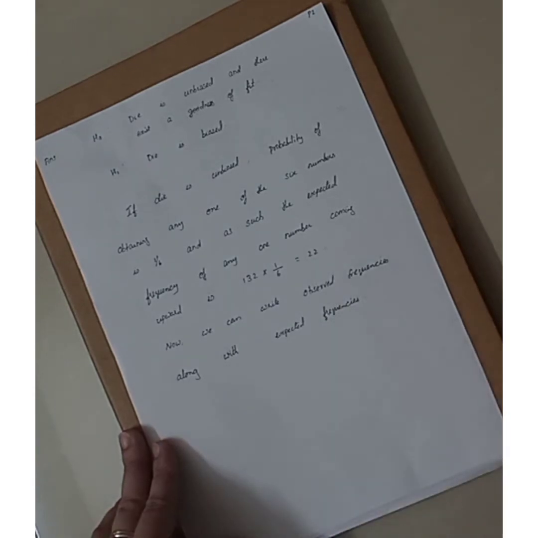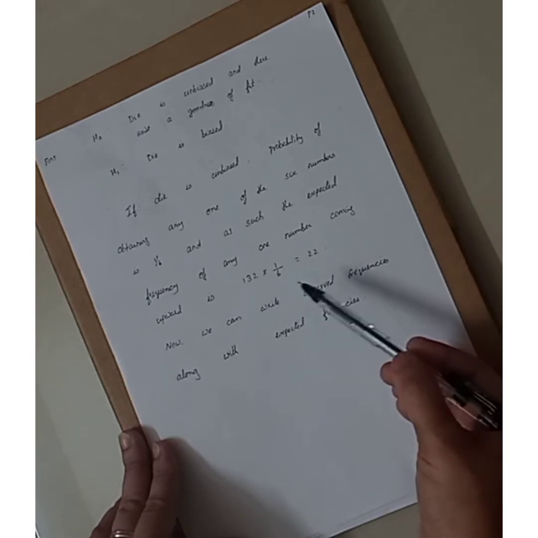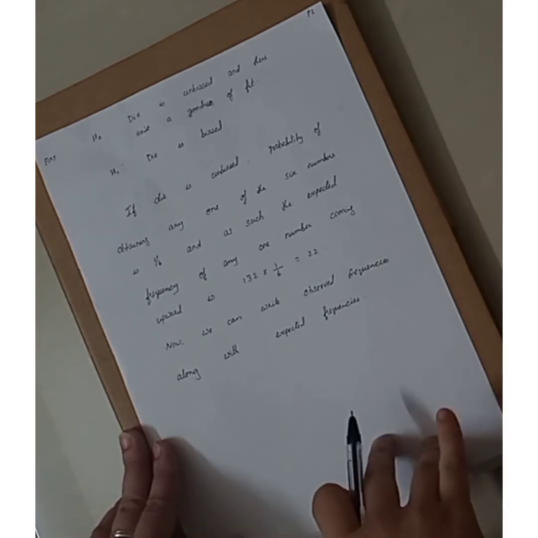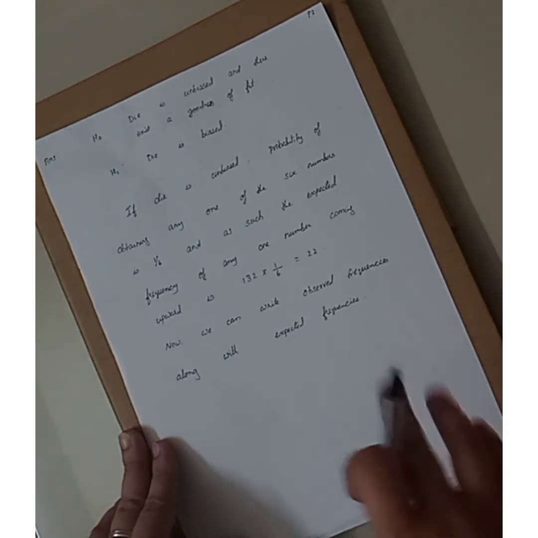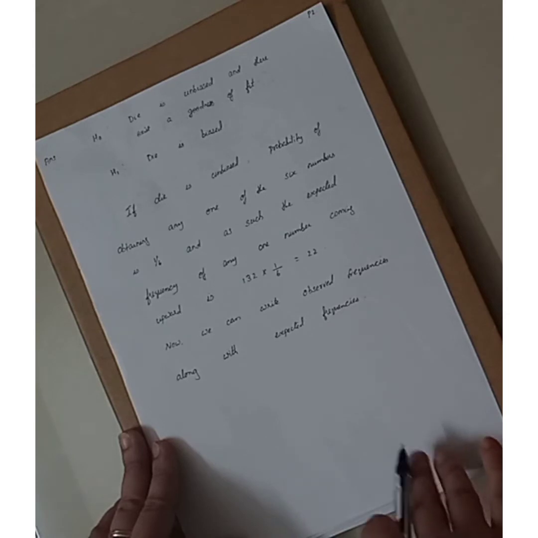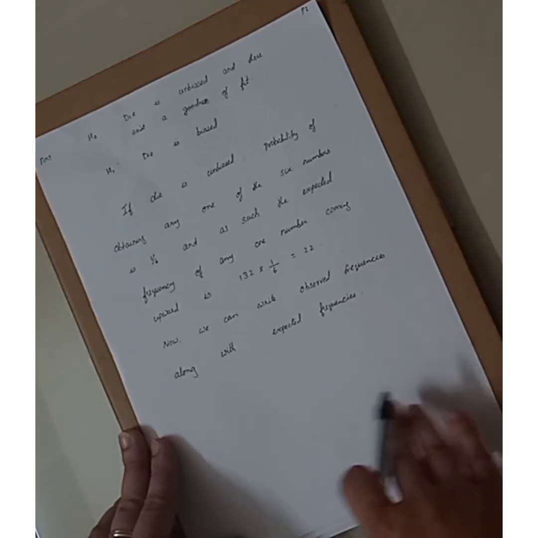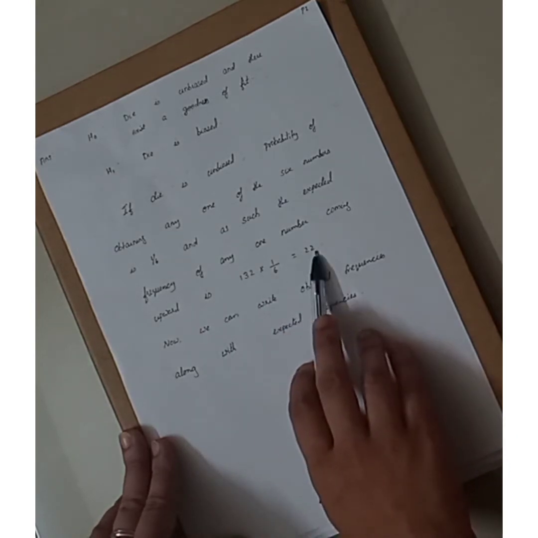So for each number coming up, the expected frequency will be 22. This is how we find the expected frequency when it is not given. When it comes to a tabular form or categories, we have another formula for calculating the expected frequency that we will discuss in the next problem.